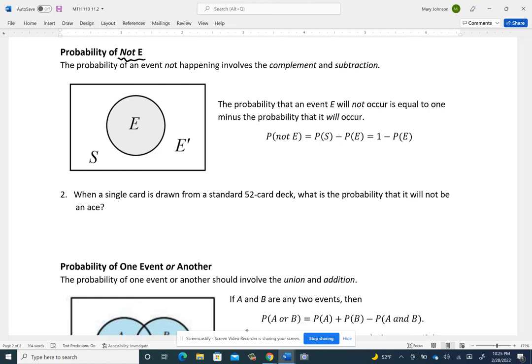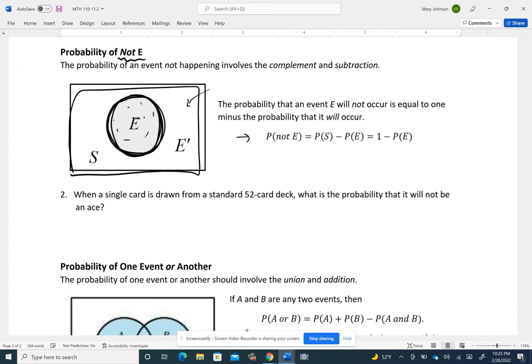So if this is our sample space, and everything inside the circle would be that event E has happened, then everything outside of that circle would be all of the outcomes that would mean that E did not occur.